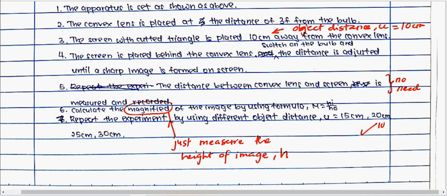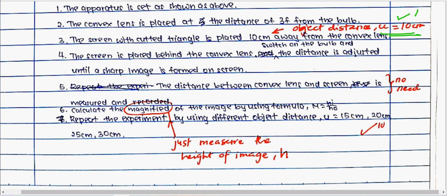If you want to make your sentence simpler, you can just write the object is adjusted, okay, so that the object distance U is equal 10 centimeter, because the first mark for the procedure will be your first manipulated variable value. So means that this is mark number 1. Okay, good to have symbol.